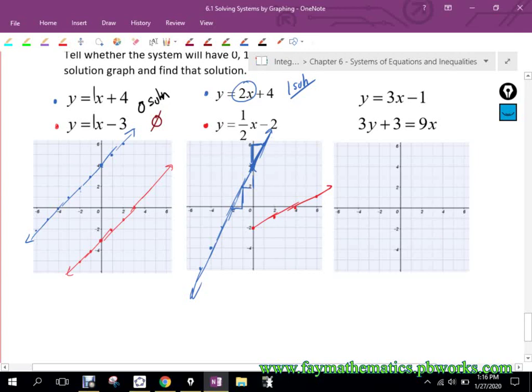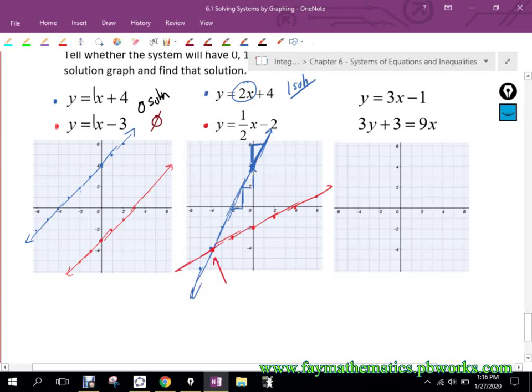And if I keep going to the left of the y-axis to graph this red line, I'm not going to be very accurate. Does that make sense? So what I'm going to do is go down 1, left 2, down 1, left 2, and now it's a little bit more accurate.